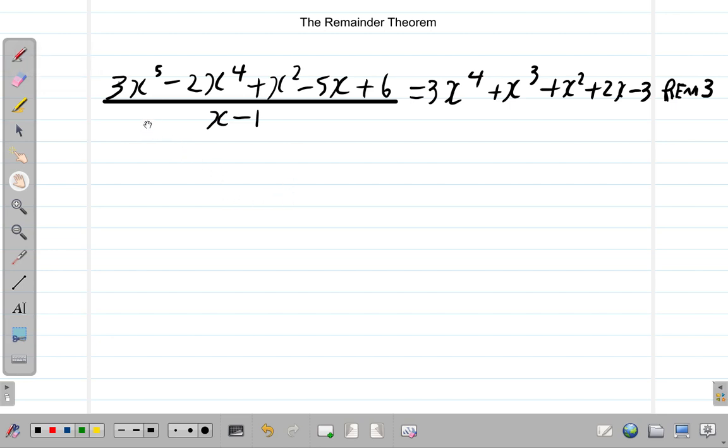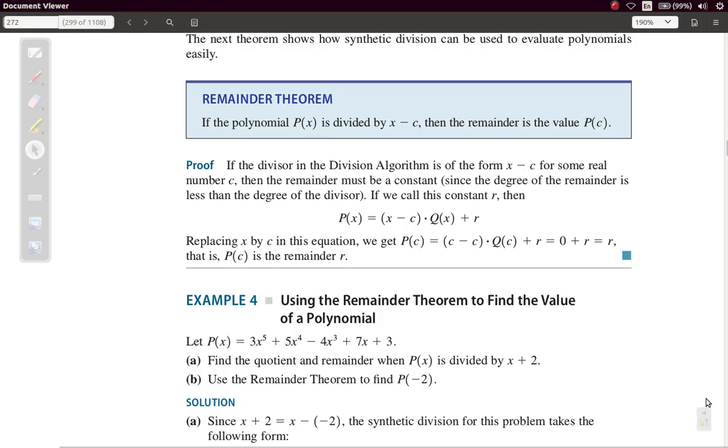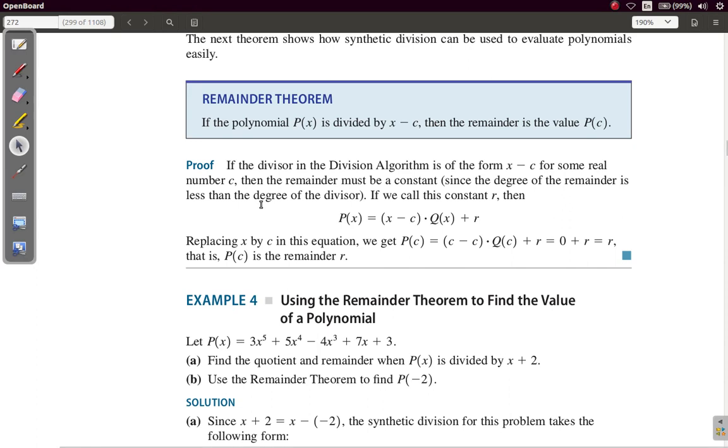Let's try it with this. In previous videos, we divided this polynomial by x minus 1, and we got a remainder of 3. That means if this is p(x), looking back, p(x) is divided by x minus c.